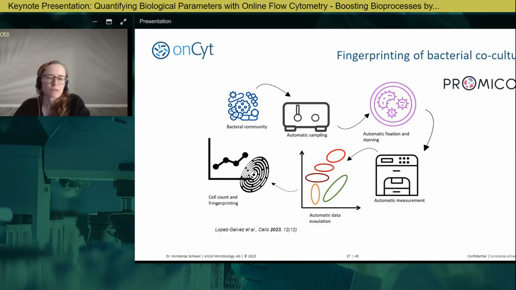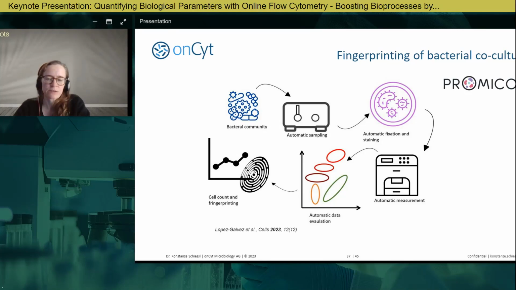This is very similar to the wine that we talked about, right? You need the yeast and you need the bacteria to get to the final product. And the fingerprinting in this case is to differentiate these strains and get the ratio of each of the strains during the process. So we had the community, then we had one of our devices for automatic sampling, automated fixation.